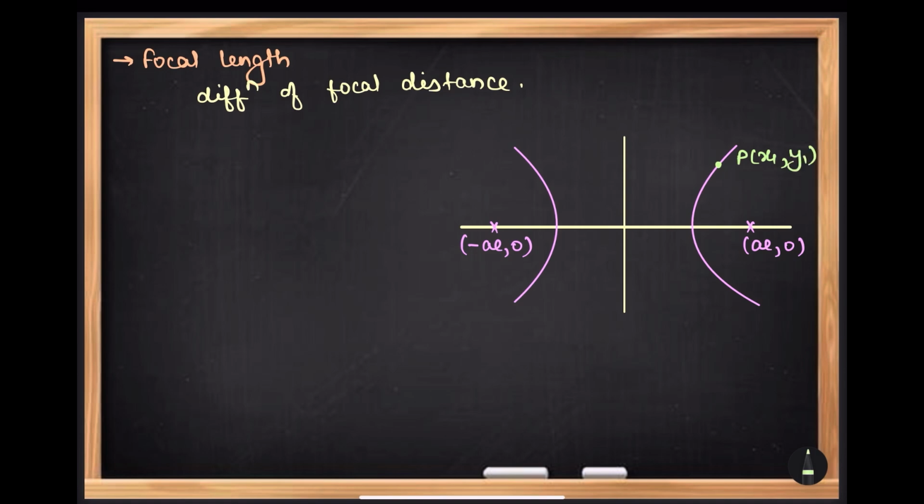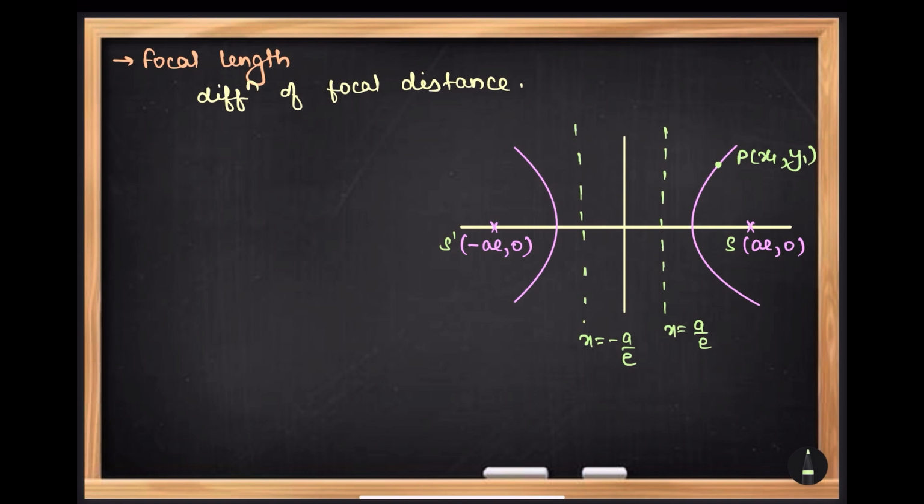I'll write this as S and this as S dash. These two are foci. This wing has this as its directrix, and this wing has this as its directrix, with equations x = a/e and x = -a/e.